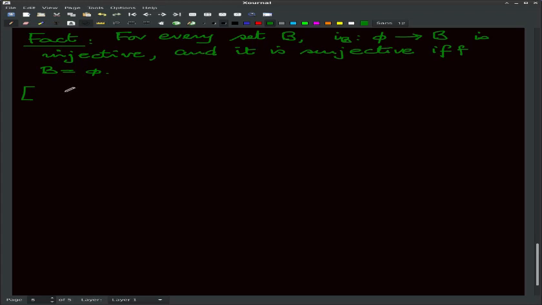Left cancelable means suppose phi u is equal to phi v.